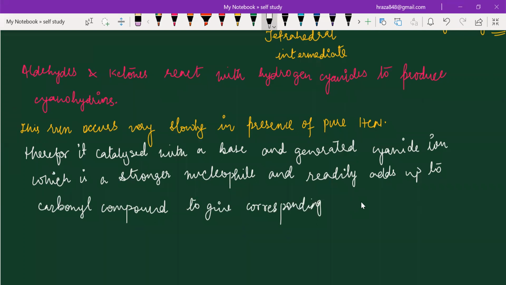So if there is a question why we don't use pure HCN, it is because pure HCN is not that strong a nucleophile, and due to this the reaction occurs very slowly. That's why we catalyze with a base and form the cyanide ion, which, being a stronger nucleophile, gives you the corresponding cyanohydrin faster.